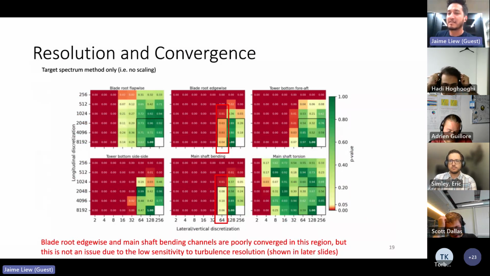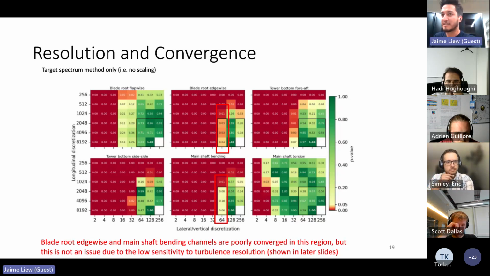But in the next slide, we'll show that it's not that sensitive to turbulence resolution in the end. So I don't think it's that much of an issue that these particular channels are not converged in the statistical sense, because the difference is so small compared to the actual value.